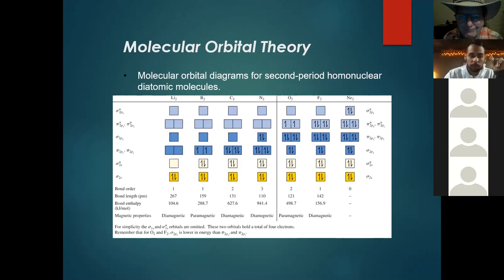Yes. In nitrogen, we fill the pi bonding first, then the sigma bonding. In oxygen, we fill the sigma first, then the pi. Okay? There's a reason for that, and I'm sorry, it's just slipped my mind for the moment.